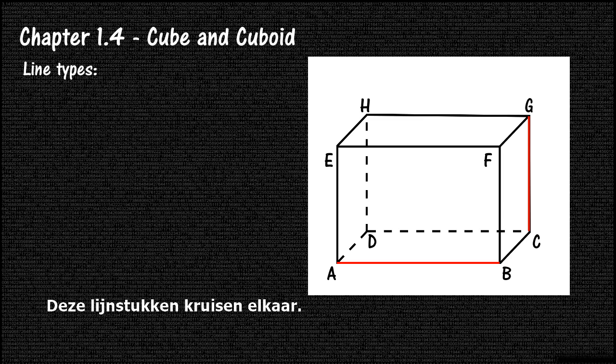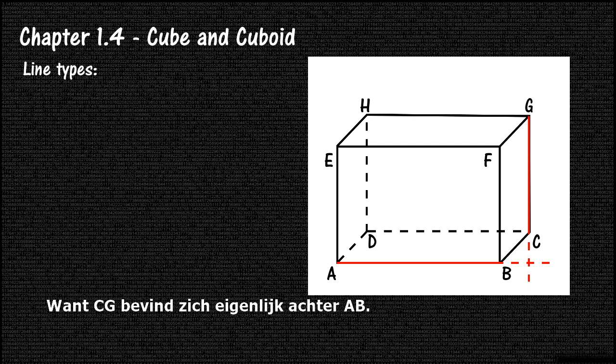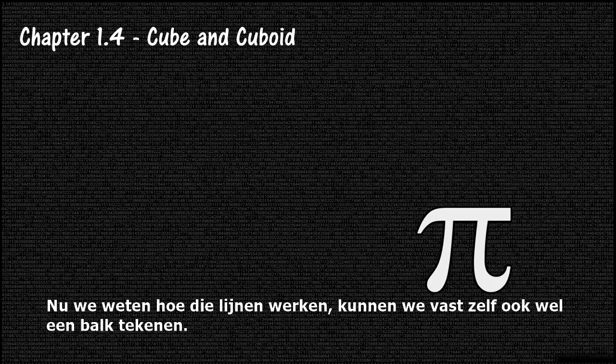Those two lines are actually skew. In the drawing, it looks like they intersect here, but in reality they do not, because CG is actually behind AB. Now that we know how these lines work, let's draw a cuboid for ourselves, right?